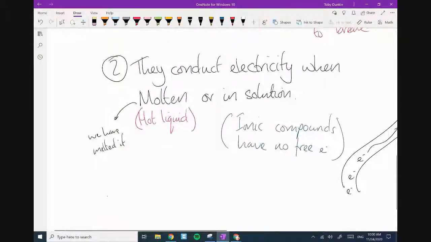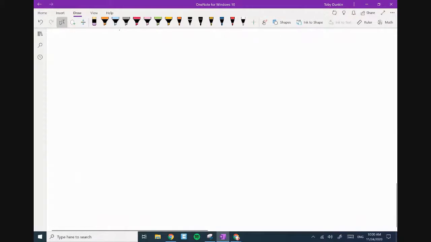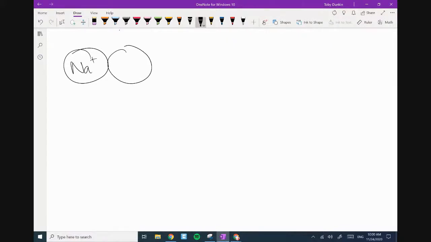But I ought to draw it first and then show you the animation. So this is our solid sodium chloride. I've got to be careful I don't overlap.